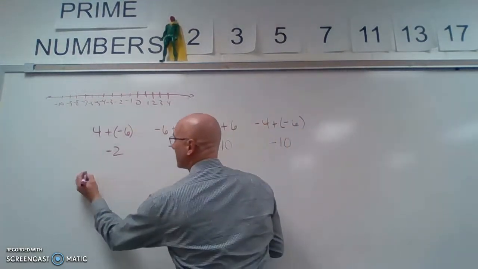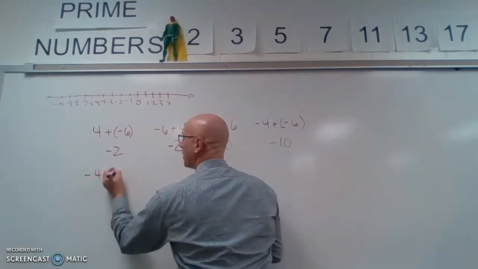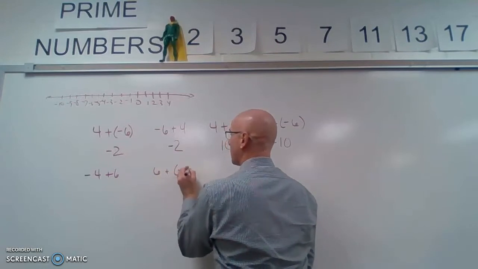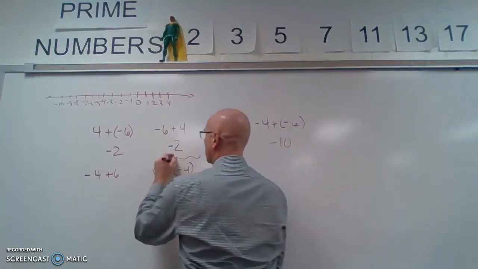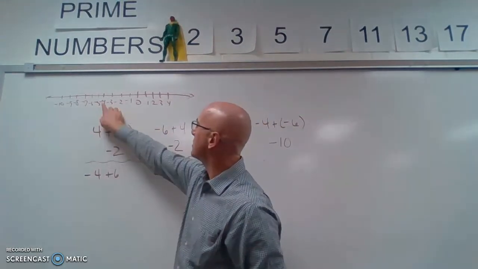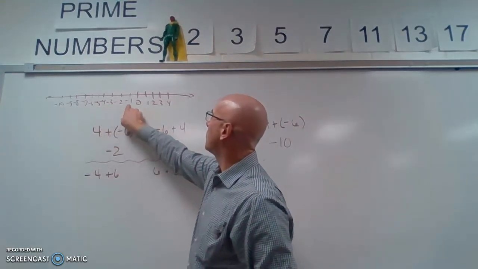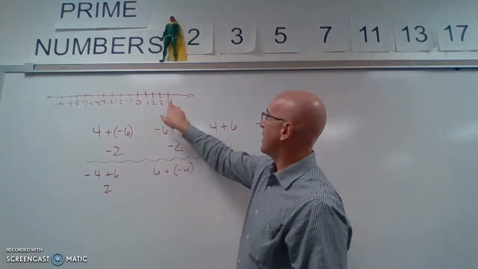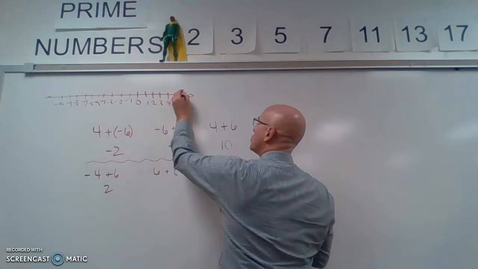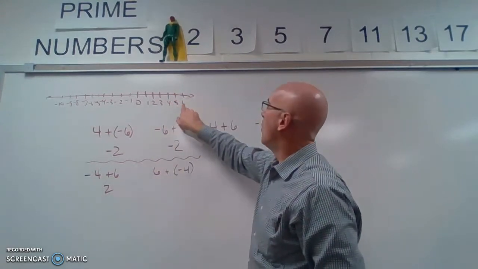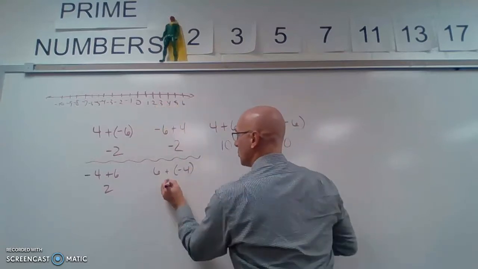What would happen if I did negative 4 plus 6 or 6 plus a negative 4? Something a little different. So let's start with negative 4 plus 6. Here's negative 4. 1, 2, 3, 4, 5, 6. I'm going to get 2. If I started with 6 and added negative 4, 1, 2, 3, 4, I get 2.